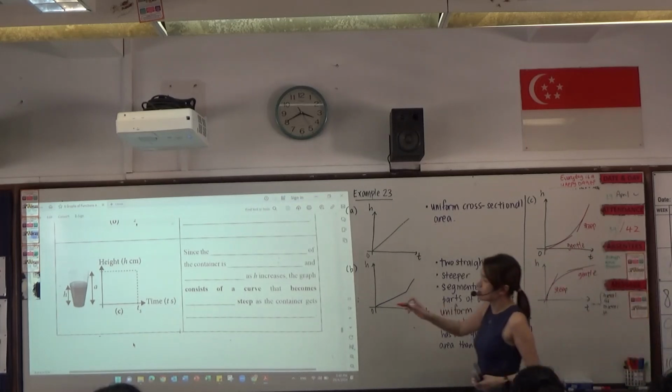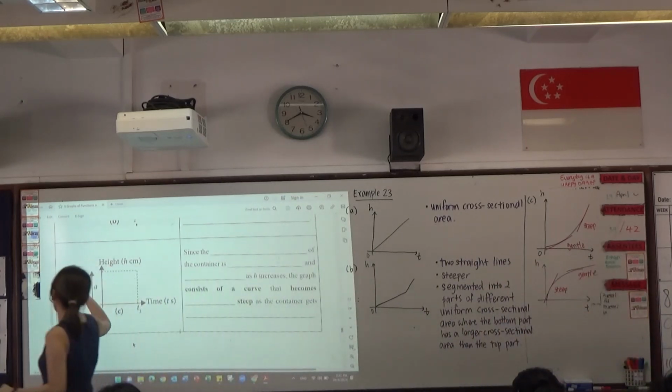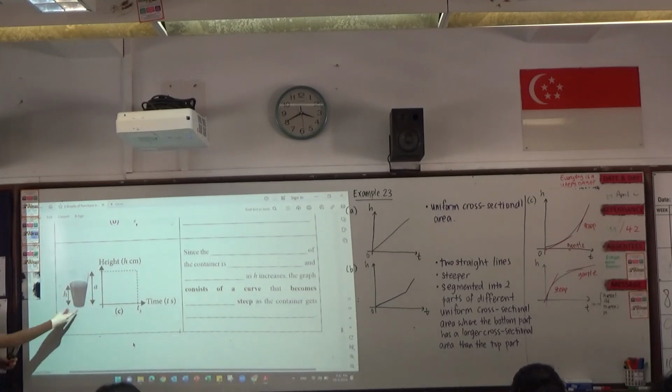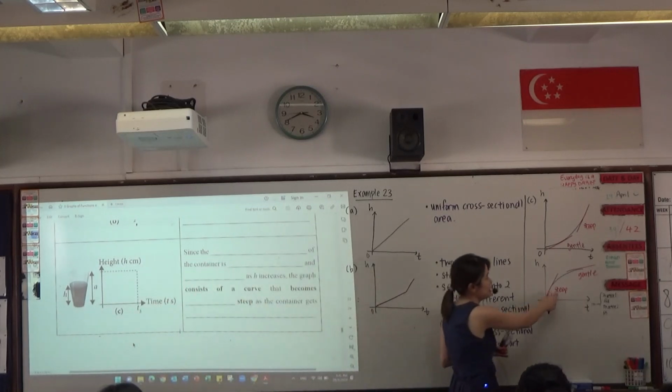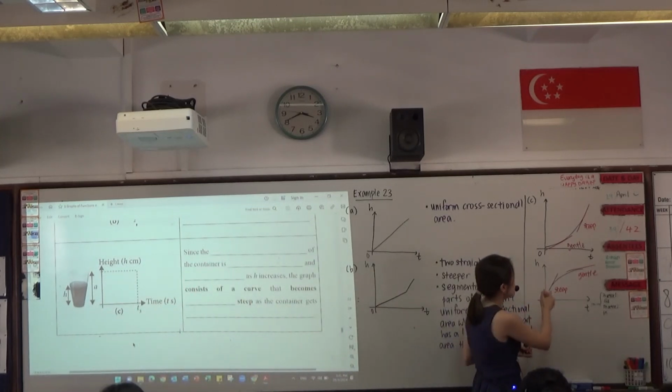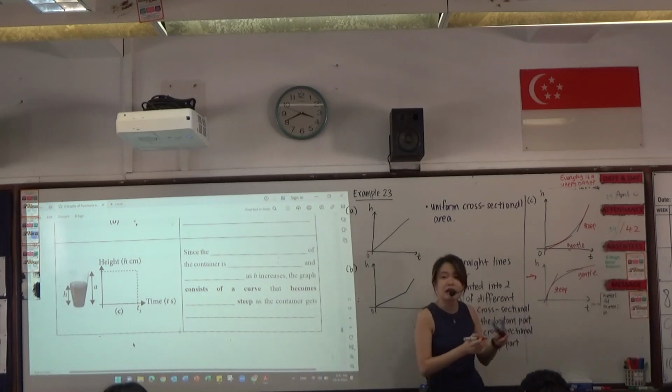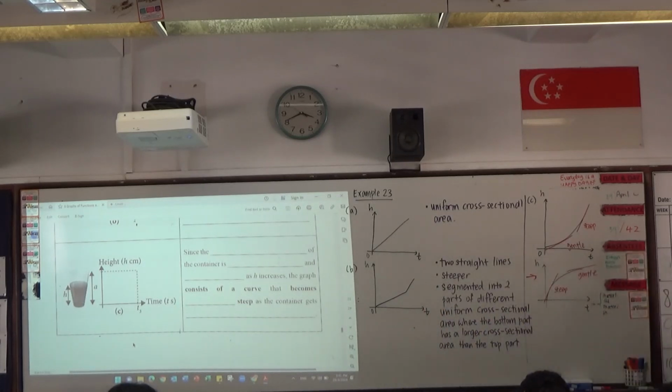If I look carefully at this container, the one at the bottom is of a smaller cross-sectional area, while the one at the top has a bigger cross-sectional area. With a smaller size, it should take a shorter time to fill up, so it should be faster. Therefore, we should be expecting a steeper tangent. So this second graph is what we should be expecting.